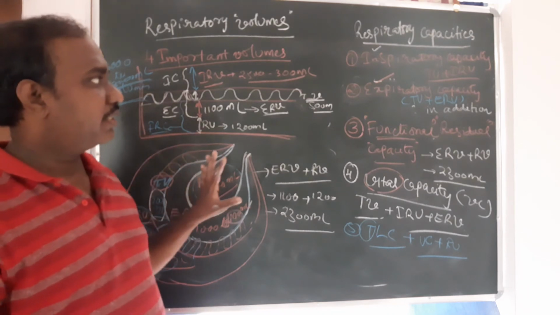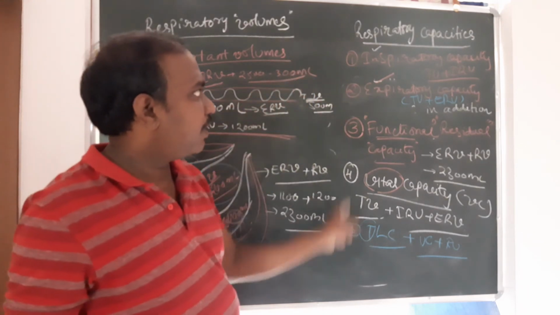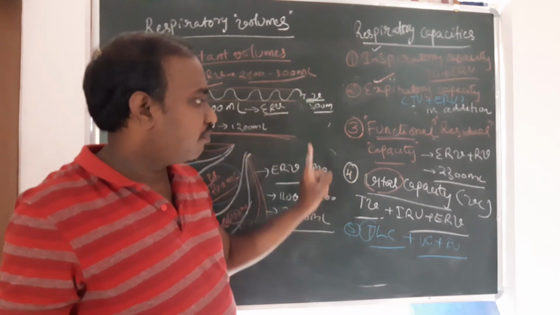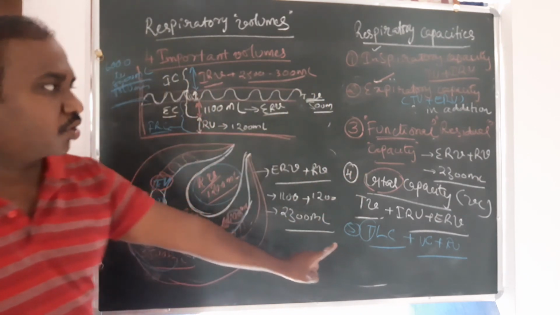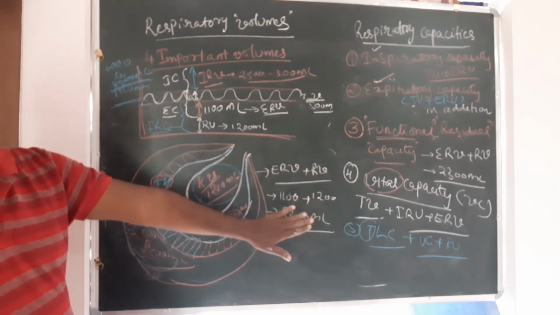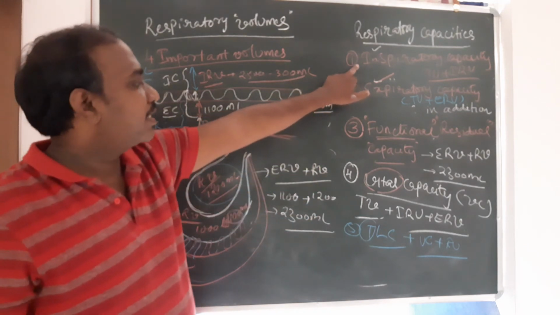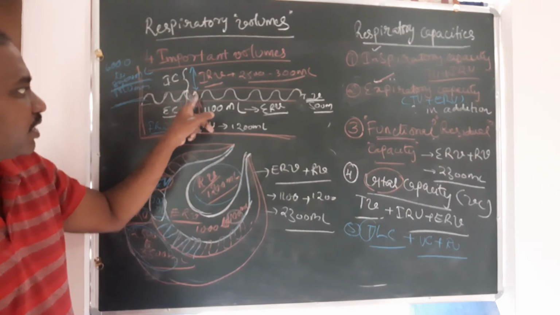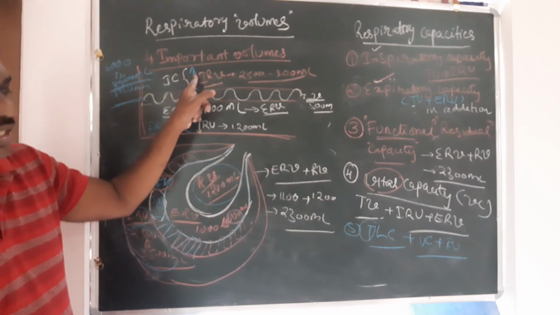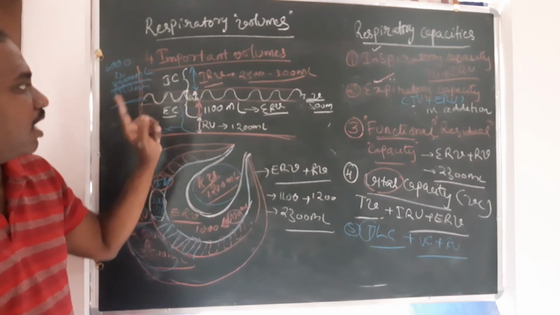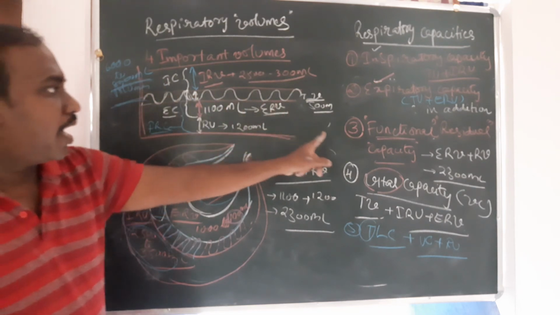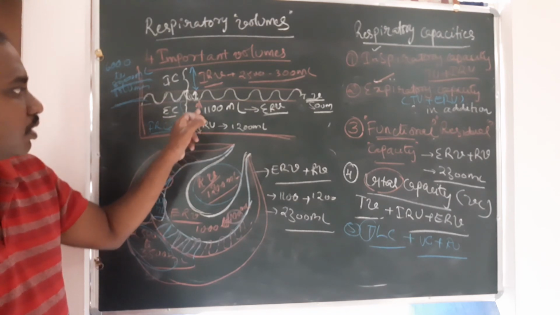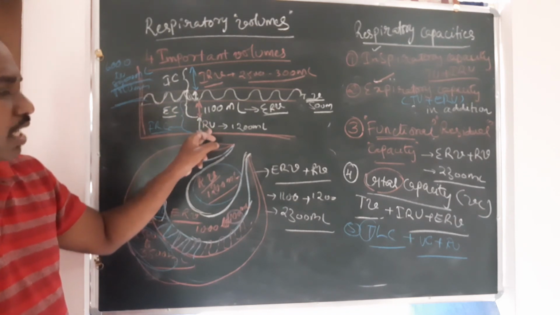A very important lesson. Please do remember these capacities: inspiratory capacity, expiratory capacity, functional residual capacity, vital capacity, and total lung capacity. I have represented inspiratory capacity here as well. Inspiratory capacity is tidal volume plus inspiratory reserve volume, expiratory capacity is tidal volume plus expiratory reserve volume, and functional residual capacity is these two, ERV and RV.